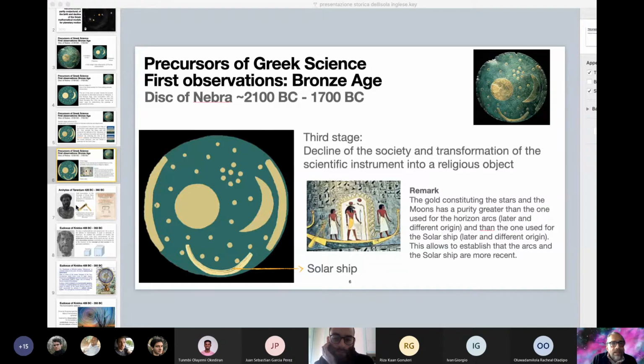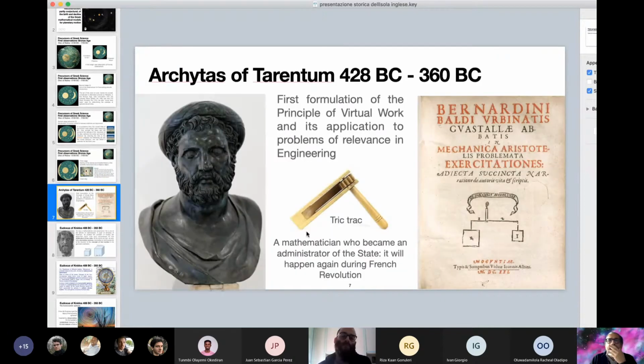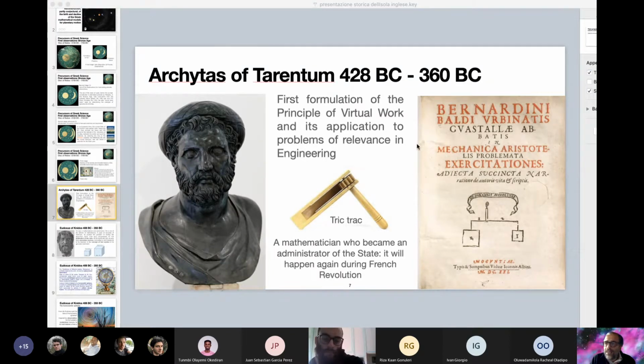Okay, so let us talk about another powerful scientific society and a very important person in this scientific society. So starting from 428 before Christ, so millennia after the Nebra disk, we meet Archytas of Tarentum.